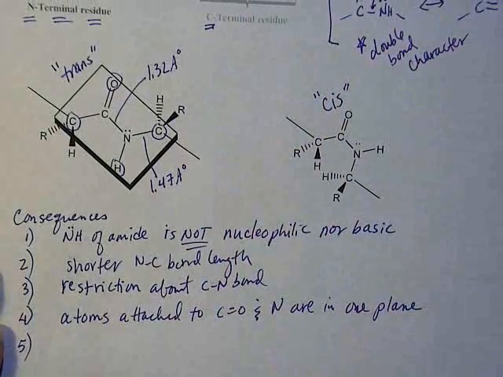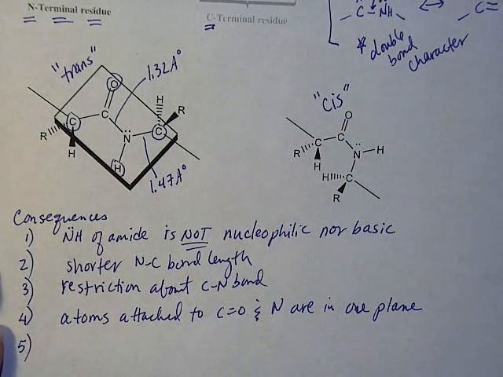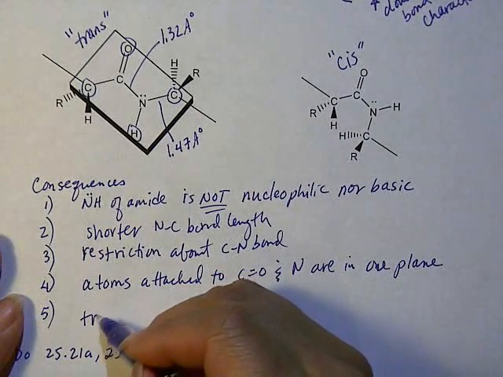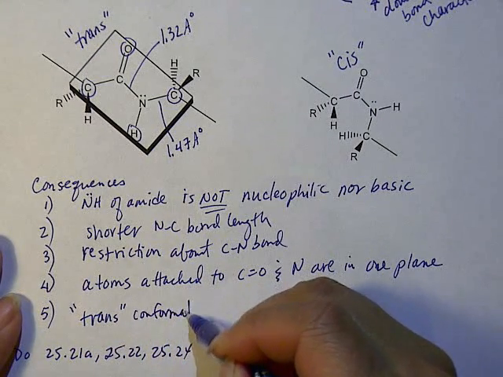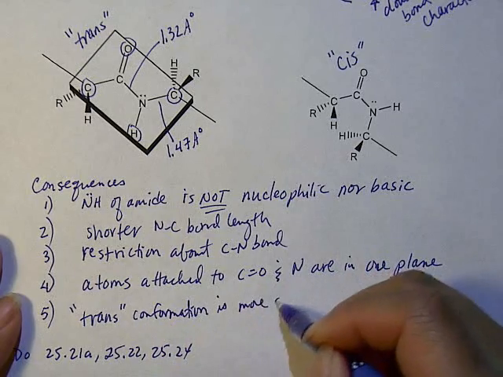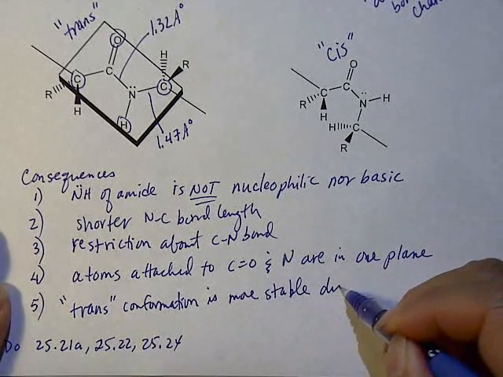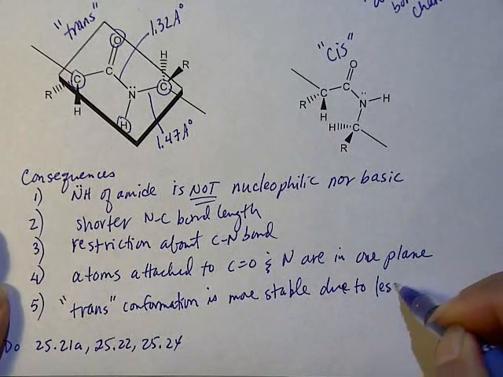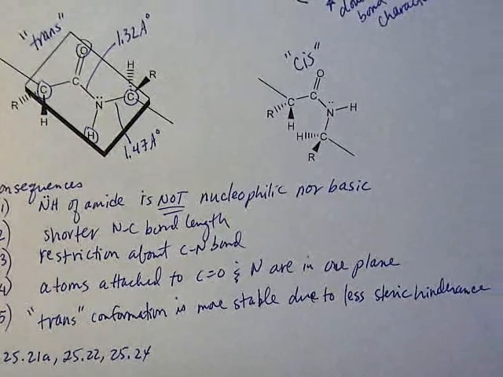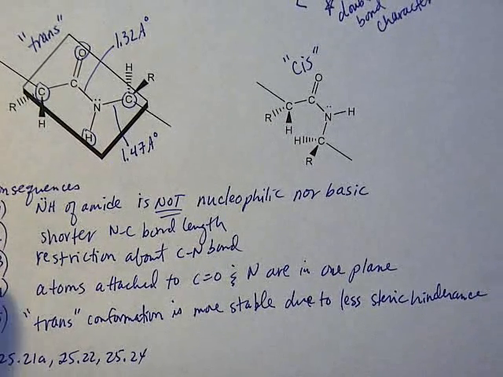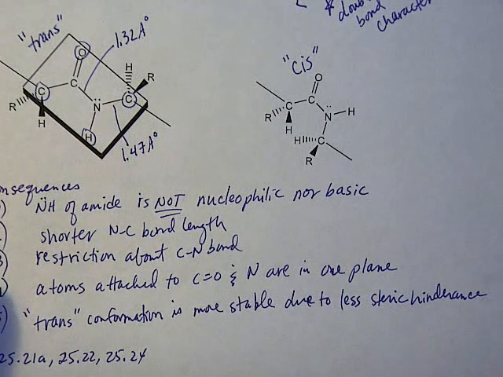So which one do you think is going to be more stable because it has less steric interaction? Obviously the trans-like conformation is better, due to less steric hindrance. That is important in predicting what the peptide would look like in a 3D shape.